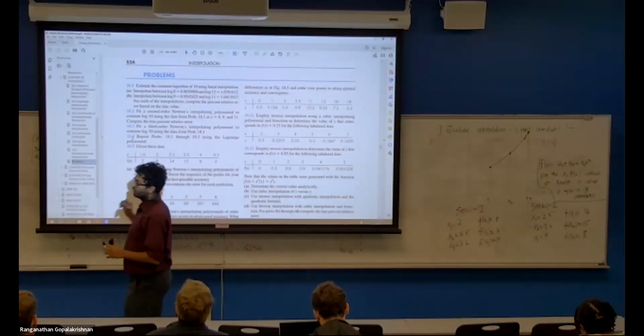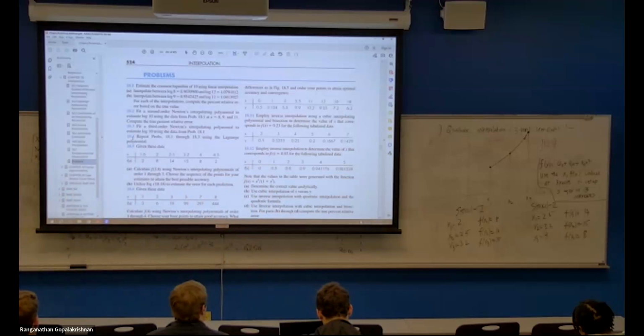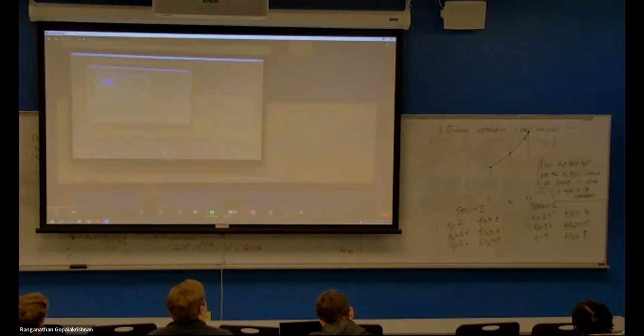To increase my board space, I'm going to write on Zoom. Okay, so I have f of x equal to a0 plus a1 x plus a2 x squared. Can the stencil 1 people tell me the equations to use?